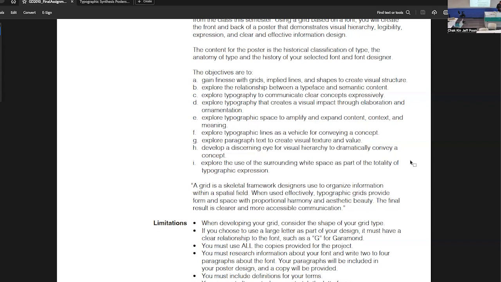And E, explore typographic space to amplify and expand context and meaning. And F, explore typographic lines as a vehicle for conveying a concept. So remember a long time ago, we talked about, hey, if we want to express migration.